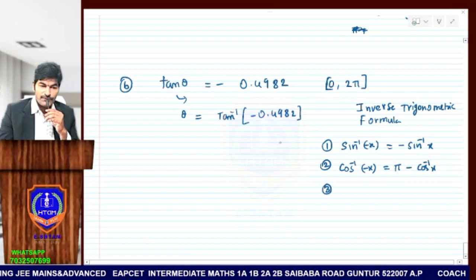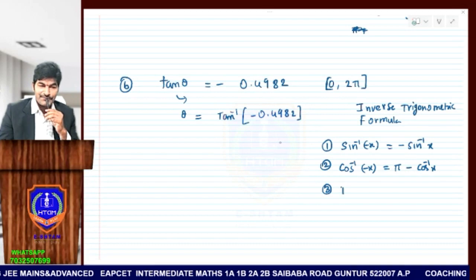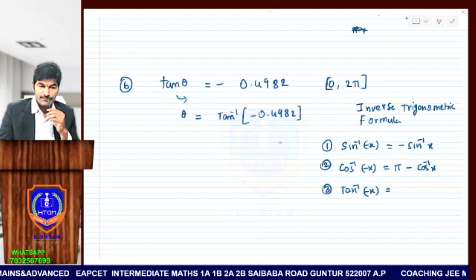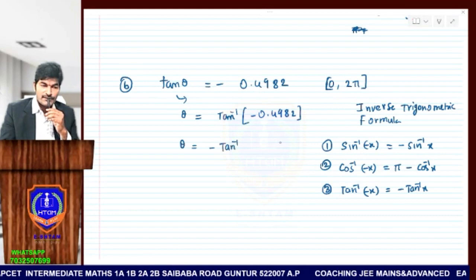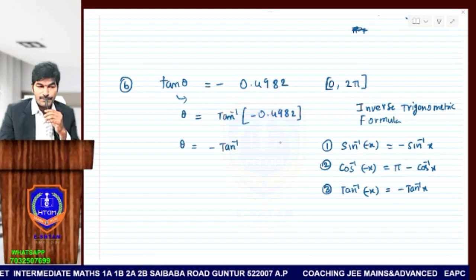Now the third formula, only three formulas, no other formulas. Tan inverse of minus x will be minus tan inverse of x. Understood? Yeah. Here also we apply the same formula. That means just write the minus outside of the tan inverse function. Minus tan inverse of 0.4982. Remember, when representing tan inverse, the T will be capital.